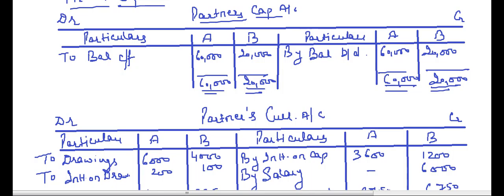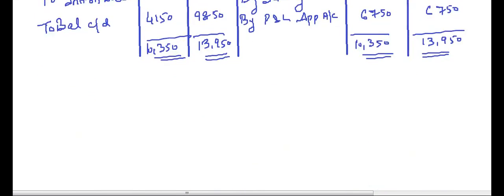And all the transactions we will complete through partners' current accounts. Next, under the fluctuating method now. Now we have fluctuating capital.